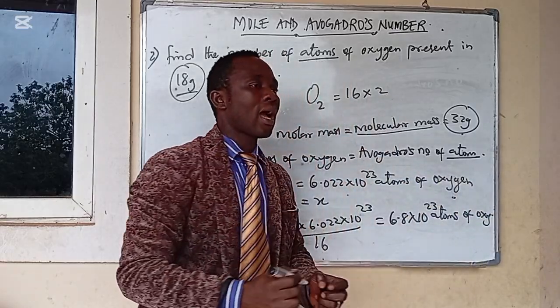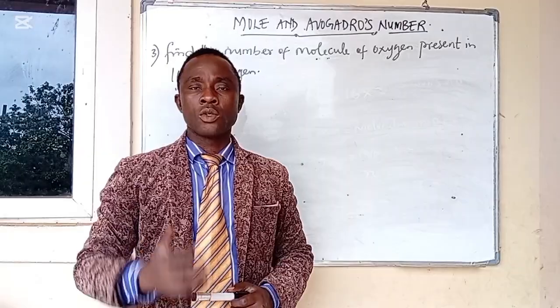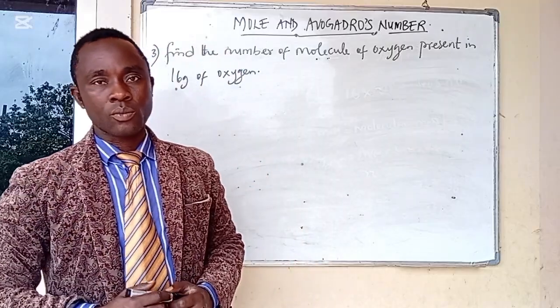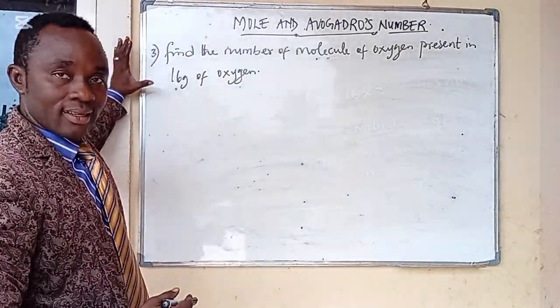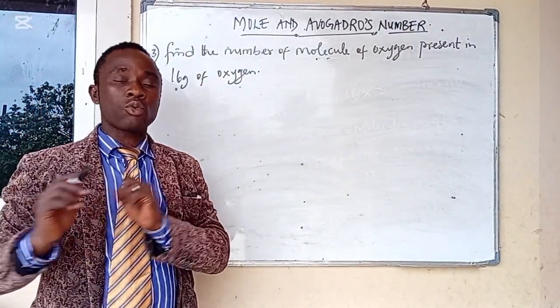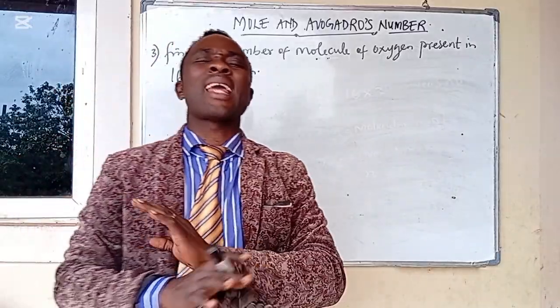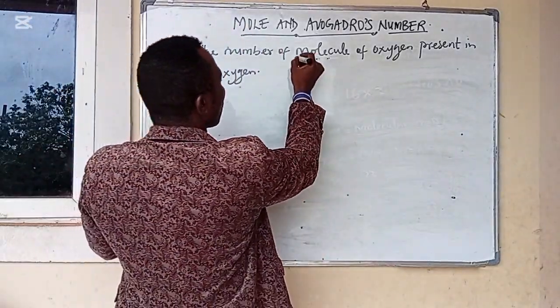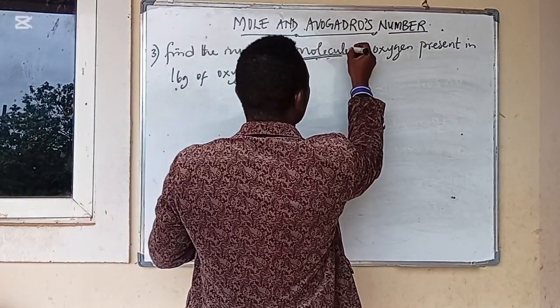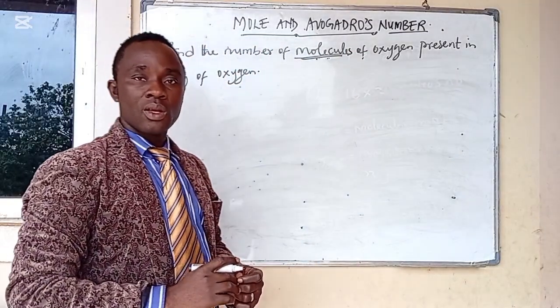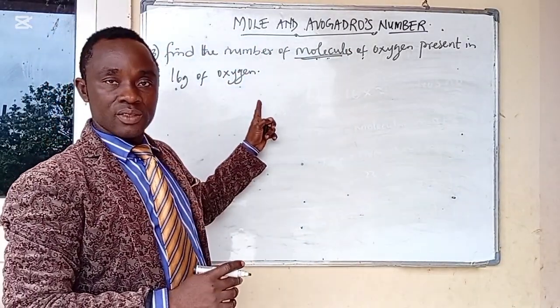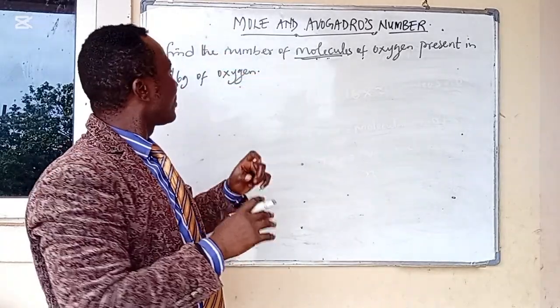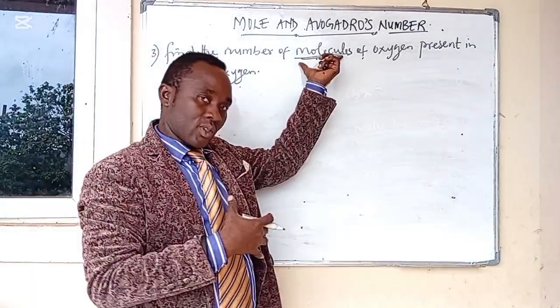That is the answer. So we'll come to question 3. If you look at this question 3 and look at question 2 that we have solved, you will think that they are exactly the same thing. The difference is that they say we should find the number of molecules. Number of molecules in 16 gram of oxygen, while the other one is find the number of atoms.